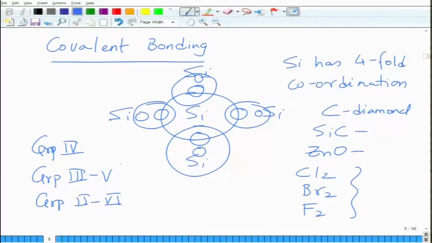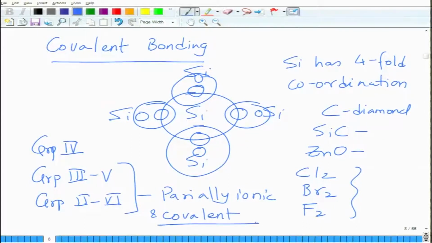These also have ionic character, but they are partially ionic and covalent. So materials like silicon oxide, zinc oxide, silicon carbide, they have quite strong covalent character.